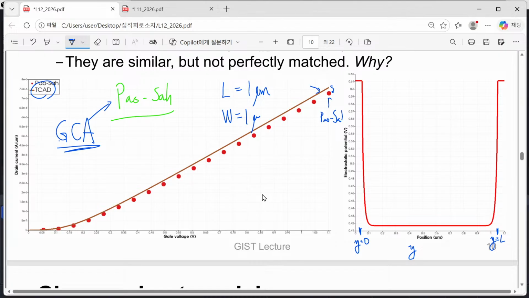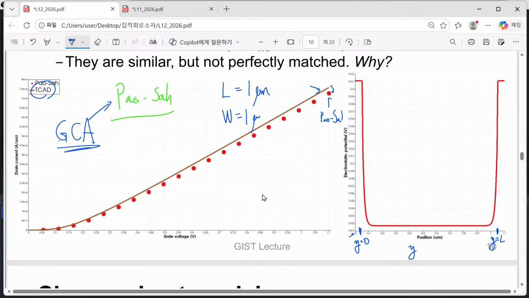It is not exactly 0. 0 is shown here, but in my numerical calculation, I have to also consider the source and drain, n plus source and n plus drain. So the coordinate is a little shifted, please understand.